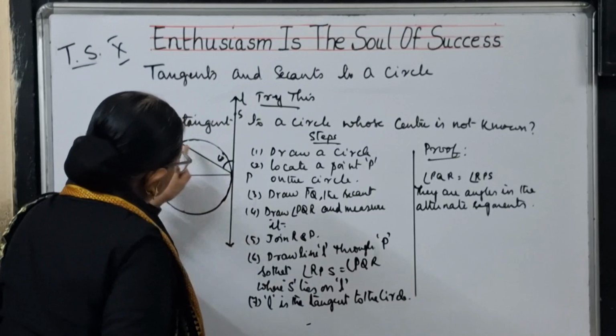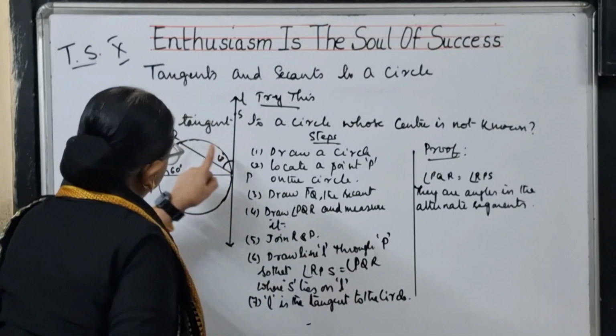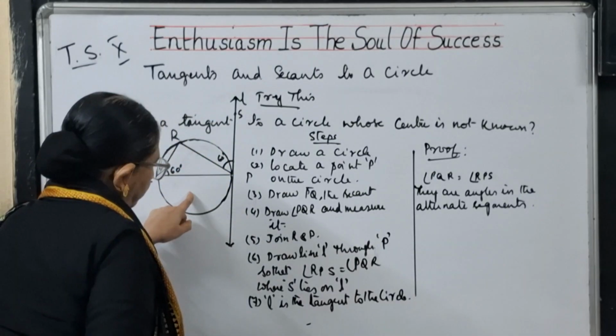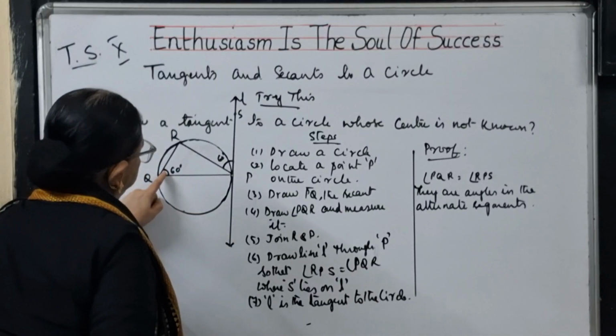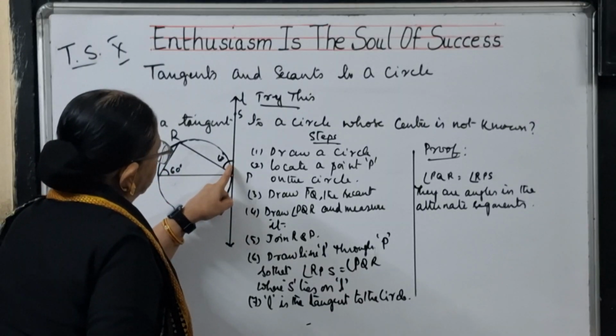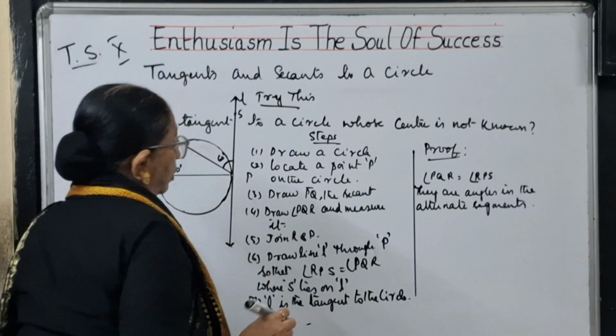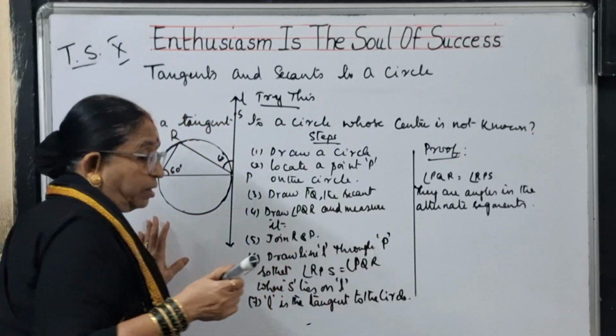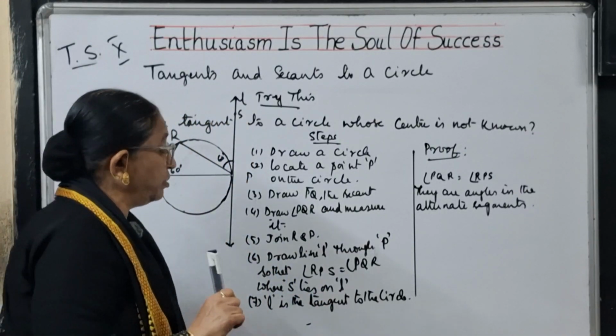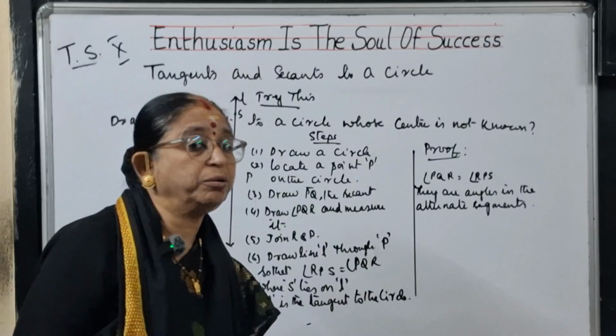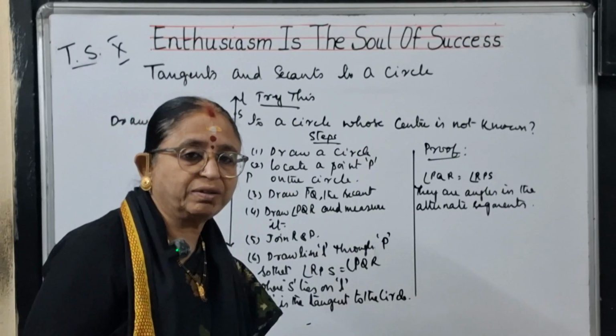This is a chord. This chord is dividing the circle into a minor segment and a major segment. This is the angle in the major segment and this is the angle in the minor segment. So we have done this kind of angles in the alternate segments. Alternate segment theorem, you have got it in your previous class.